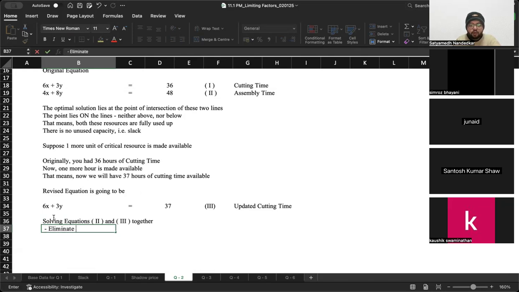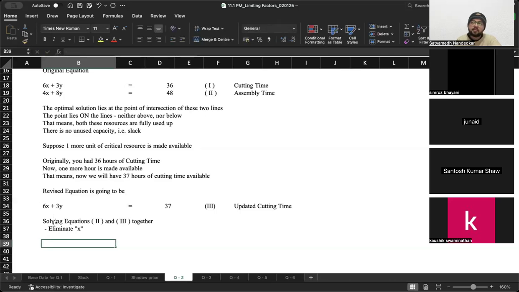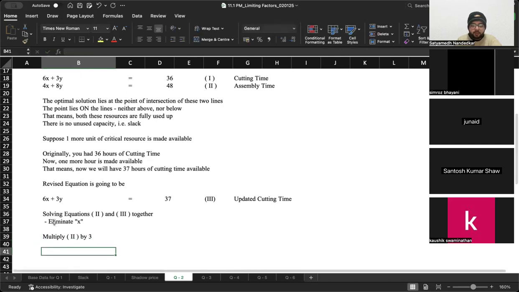Eliminate. What do you want to eliminate? Let's eliminate x. For that, I will say 4 and 6. Least common multiple is 12. So I will multiply equation 2 by the number 3.